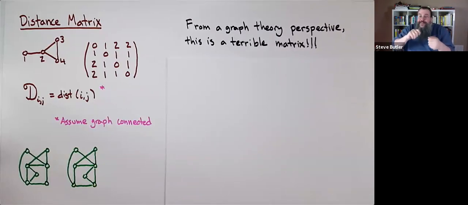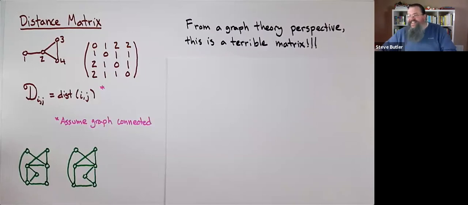But the distance matrix turns it around and says, no, no, no, the neighbors are, in some sense, the least important. It's those vertices that are far away from you, way out there, that matter the most. And it just seems wrong. It's the neighbors that should matter. So it's not obvious at all that there's anything interesting to say about the distance matrix.